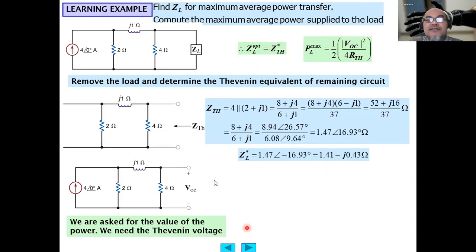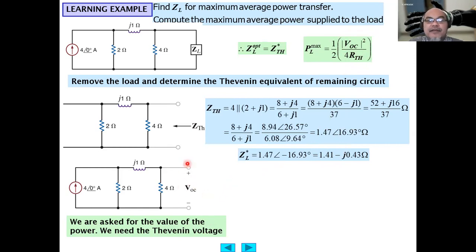Then the second question is to compute the maximum power. In order to compute the maximum power using this formula, the RTH is already found here, 1.41, but we need to calculate the VOC, the Thevenin equivalent voltage source.